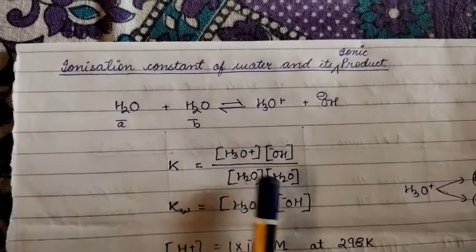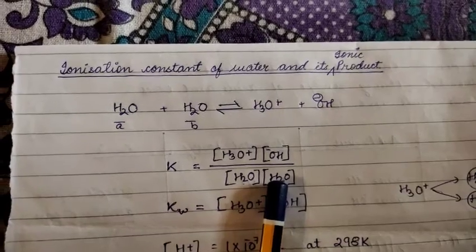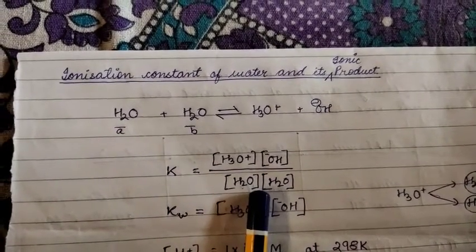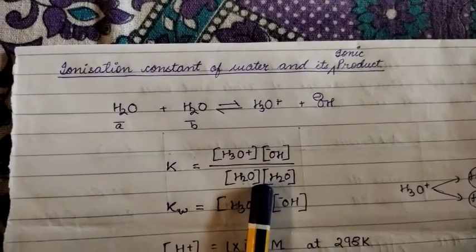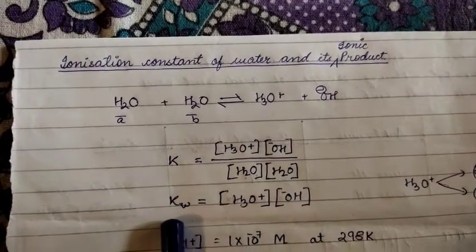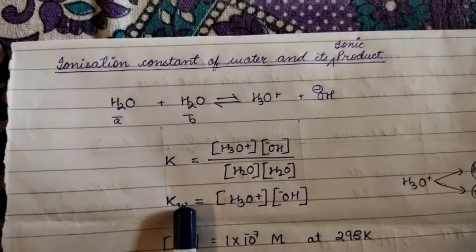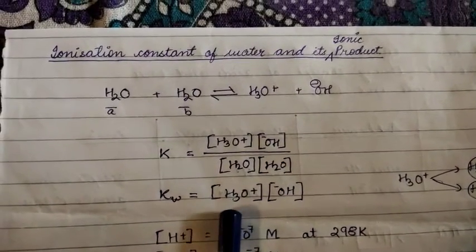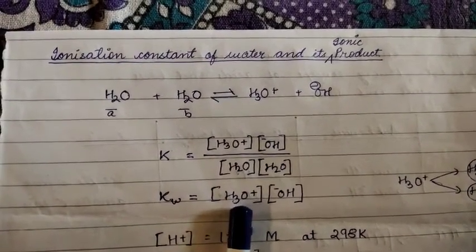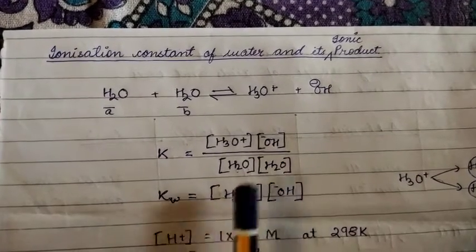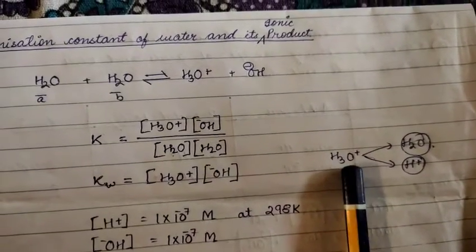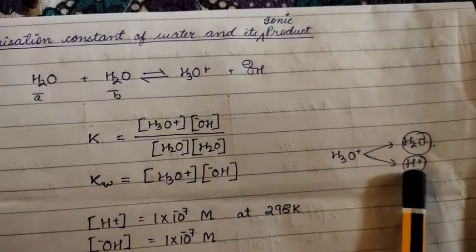Now the concentration of water is considered constant, so two constants merge together and you get another constant designated as Kw, the equilibrium constant for water, and it is equal to the multiplication of the concentration of hydronium ion and the concentration of hydroxyl ion. Clear?